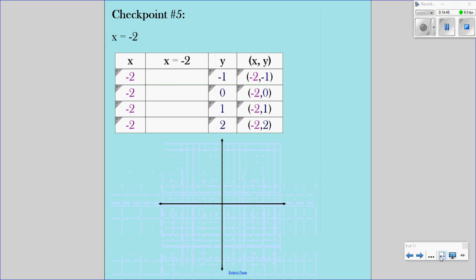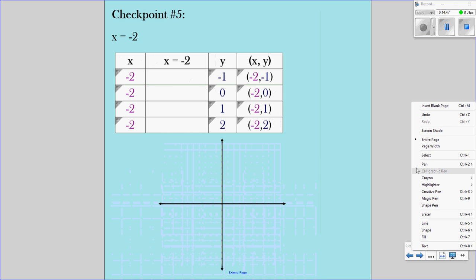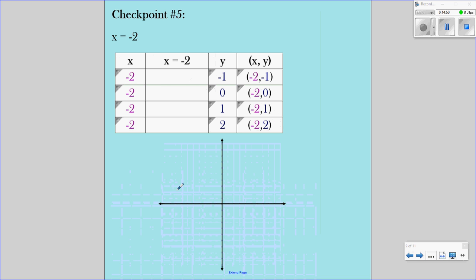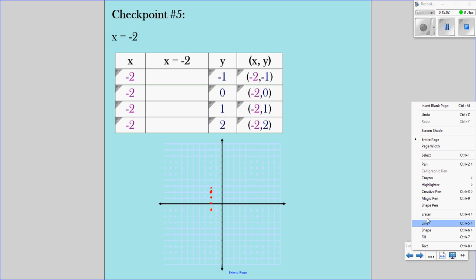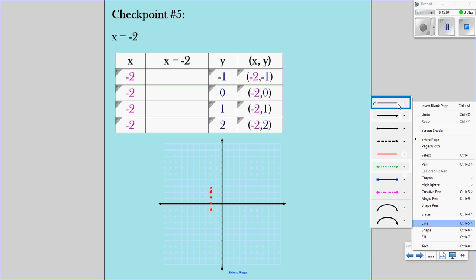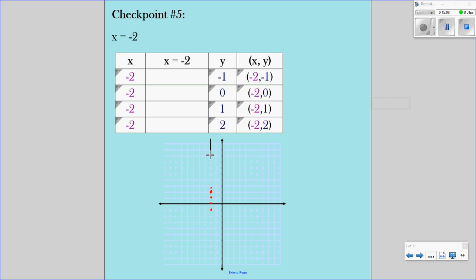And then for this one, I use my red pen. So all my x's are negative 2. So then I have negative 2, negative 1, negative 2, 0, negative 2, 1, negative 2, 2. You notice what's going on? If you said that we're going to have a straight line which is vertical, you're correct.